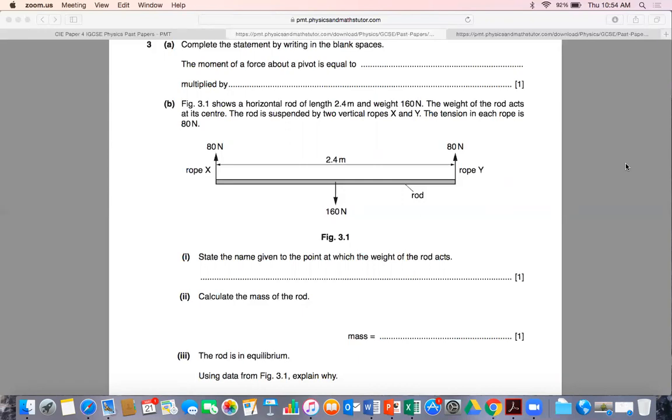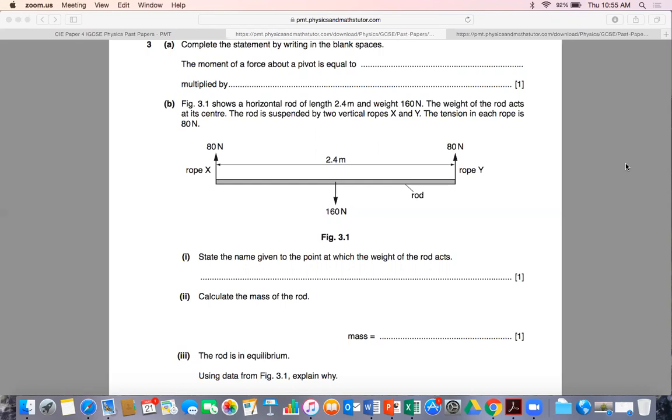Calculate the mass of the rod. So given the weight is 160, what is the mass? 160 Newton, I must change to kg. What do I do?